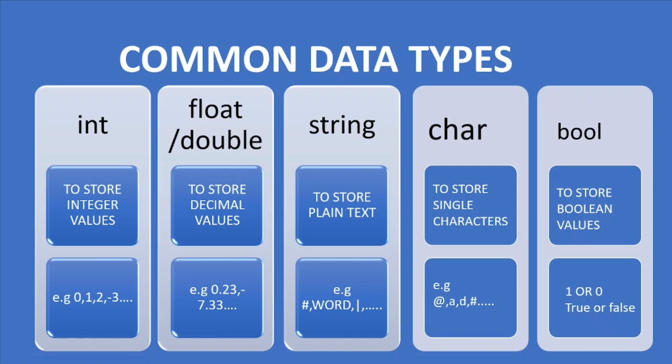As we go on, you are going to see how these data types differ, but in this scenario they all store the same types, which are decimal values, like 0.23, 0.2, -0.3, -1 point something. As long as it's a decimal value, you can store it using one of these.